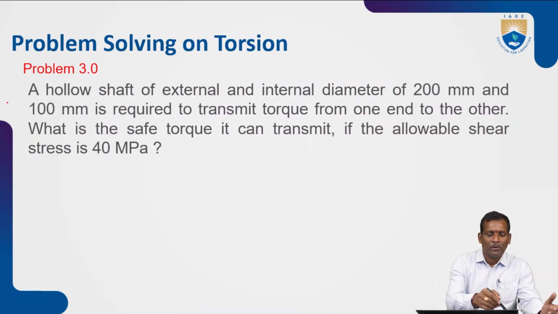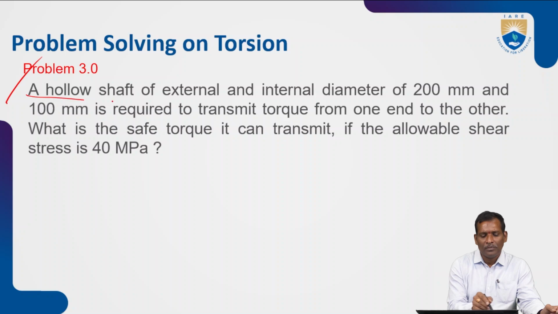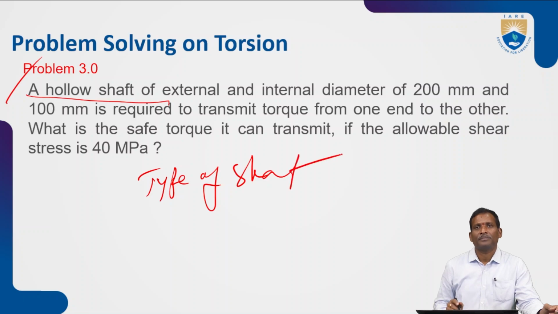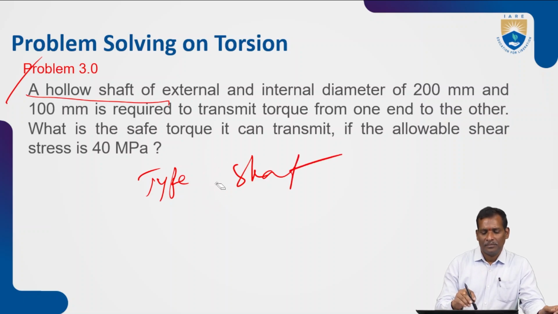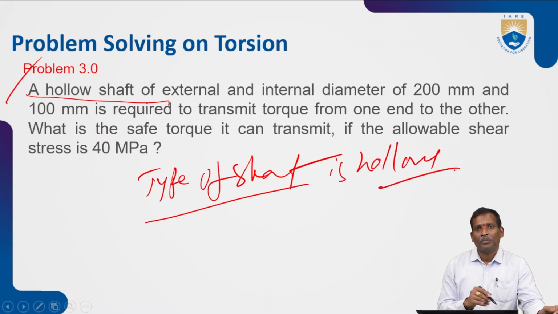Next, in the third problem, see, somewhat different. A hollow shaft: here the given type of shaft is a hollow type of shaft. The previous case was a solid shaft.